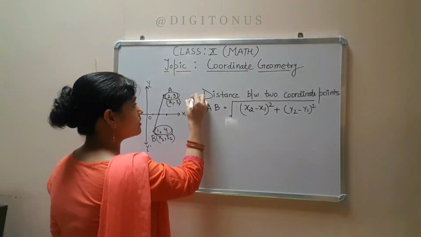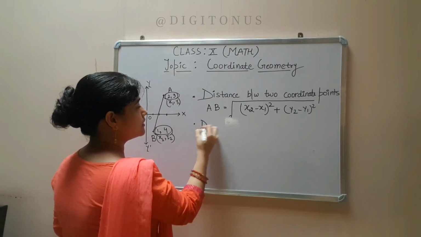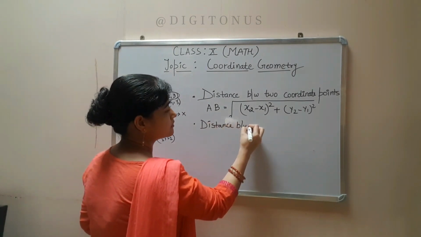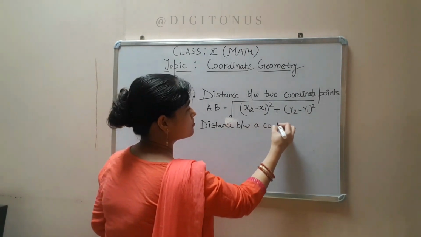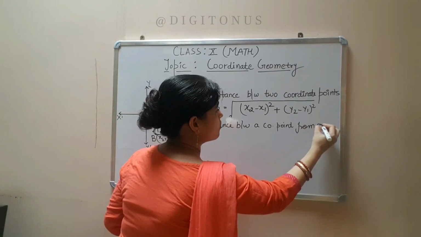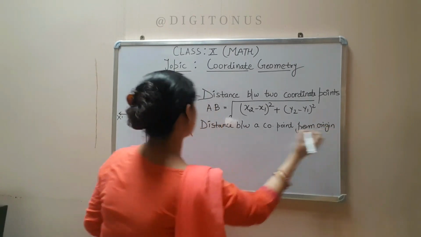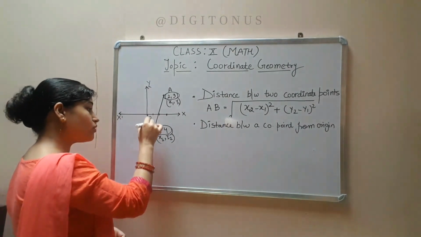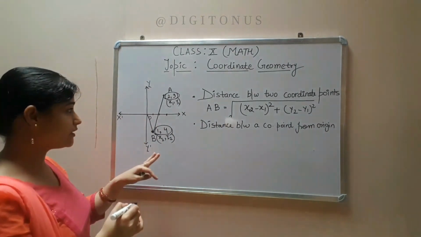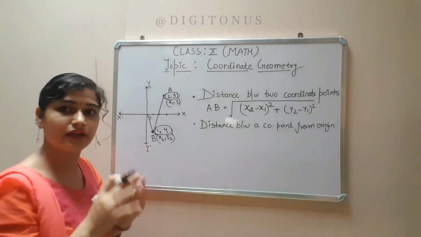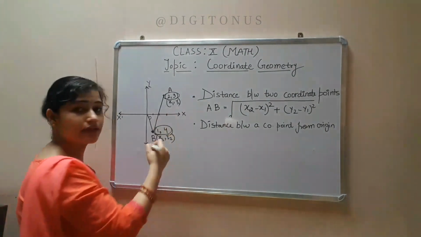Clear? Now the next topic is the distance of a coordinate point from the origin. Suppose they are asking the distance of point B from the origin. What I was telling you is that if we have 2 points, we cannot give them the same name xy. That's why we have given 1 and 2.